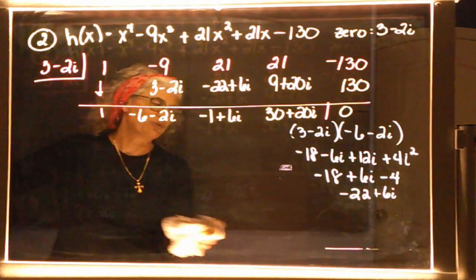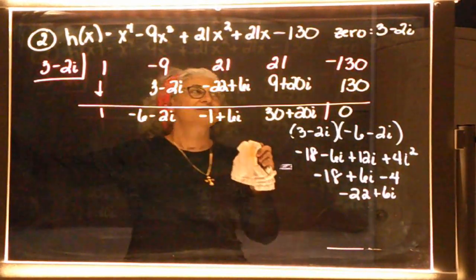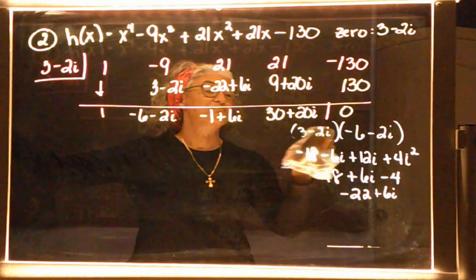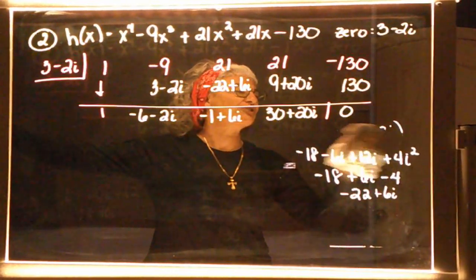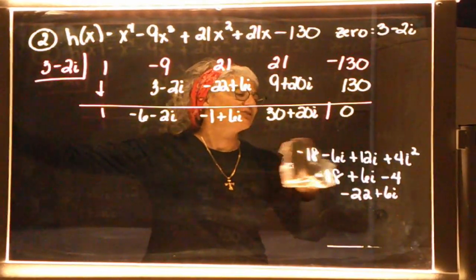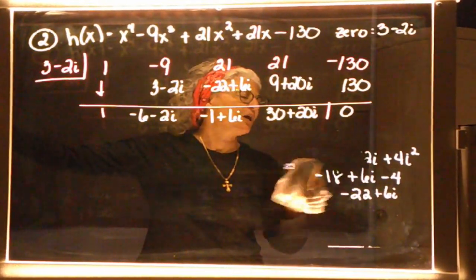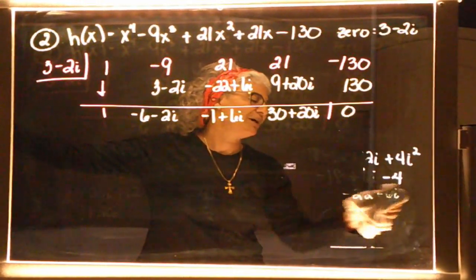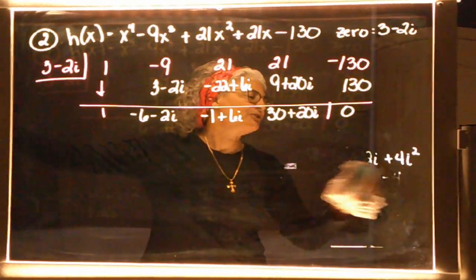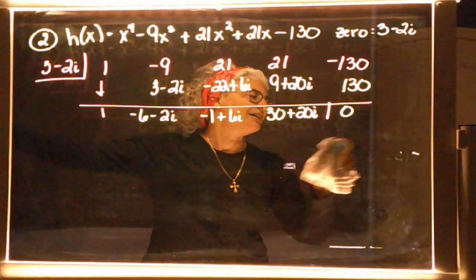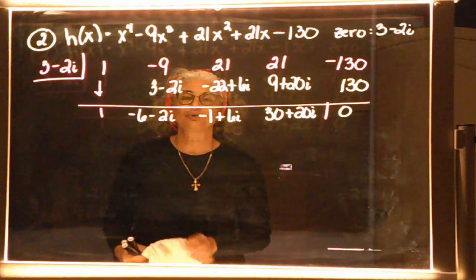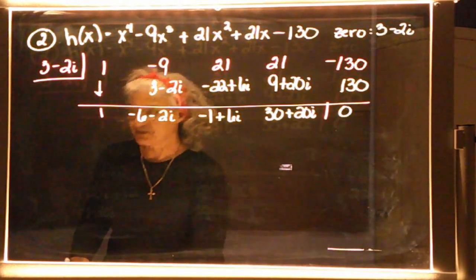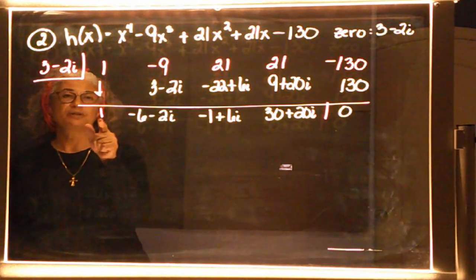So since I know one solution was 3 minus 2i, what's the second solution? That's right, I heard you. 3 plus 2i. So I'm going to do my synthetic division again, but now I am going to use, by the way, what degree is this polynomial?